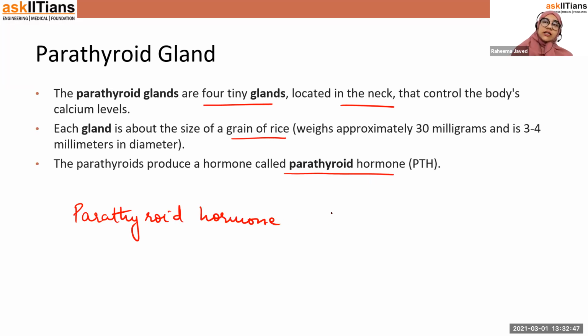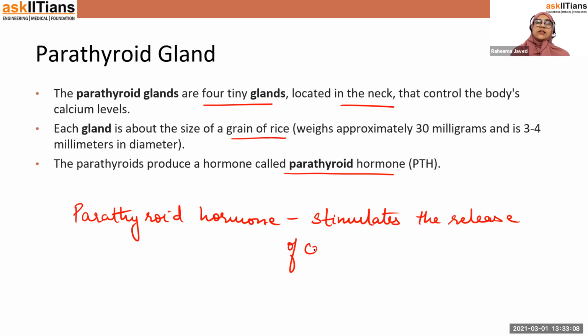Calcitonin is reducing the release of calcium from the bone. But parathyroid hormone is only released in response to low calcium level in the blood, which stimulates the release of calcium from the bones into the blood.